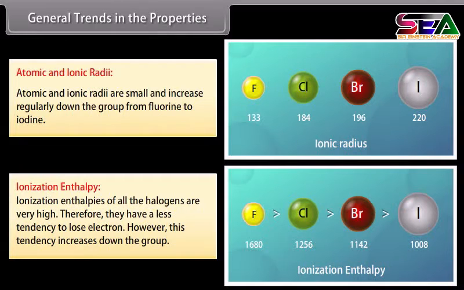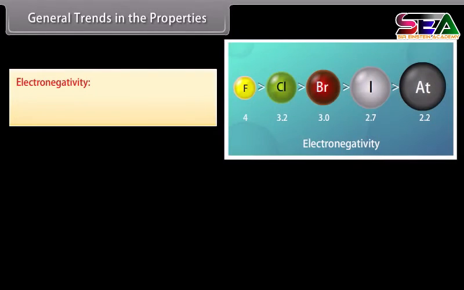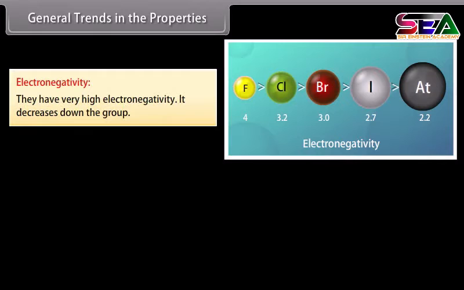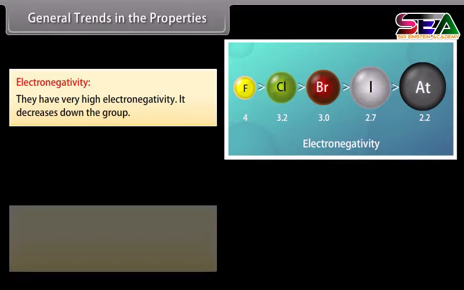Therefore, they have a lesser tendency to lose electron. However, this tendency increases down the group because the distance of valence shell from nucleus increases. Electronegativity. They have a very high electronegativity. It decreases down the group. Fluorine is the most electronegative element in the periodic table.